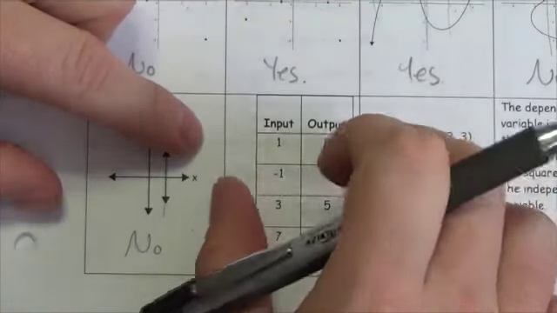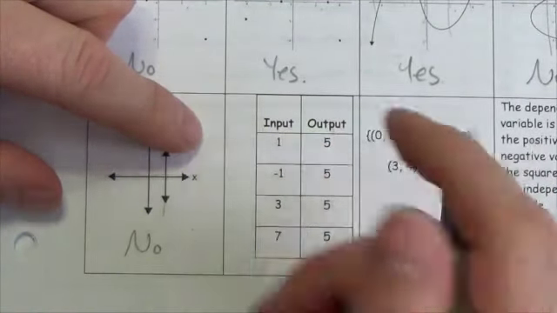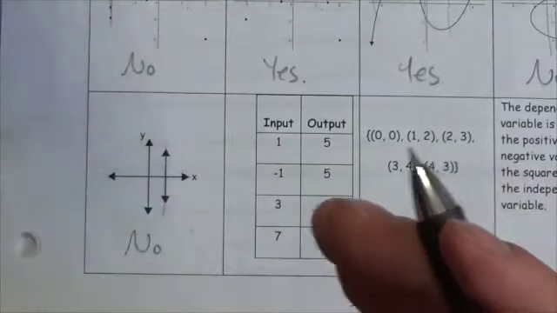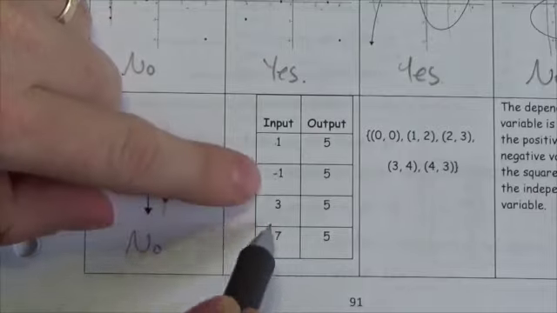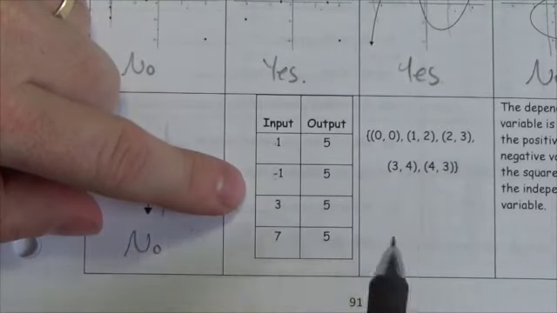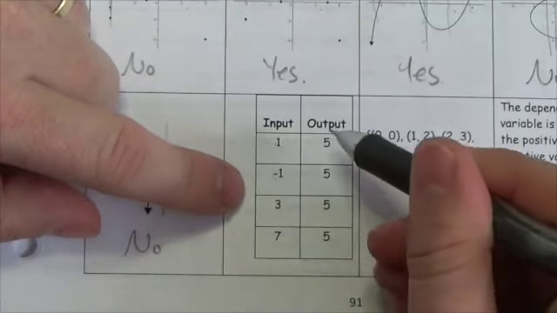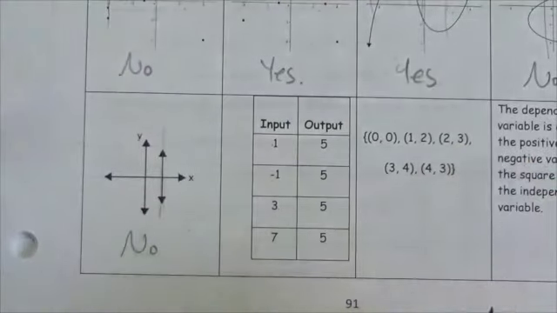Now, when you're looking at a table of values, the only way that this could cease to be a function is if you had repetition here, pointing to 2 different numbers here. Now, it doesn't bother me that all of the results here are 5. That makes no difference to me whatsoever. If I was doing an experiment and as we adjusted the one variable, we always got the same result, well, that is a result.